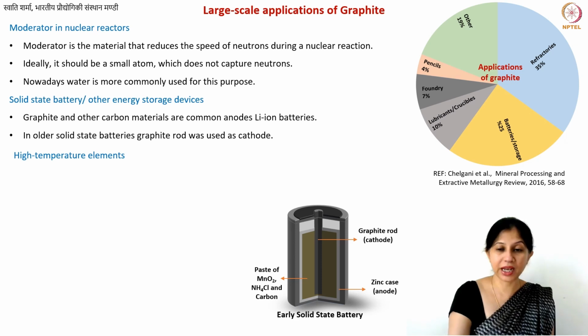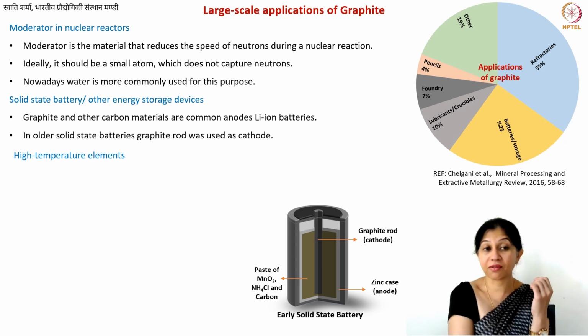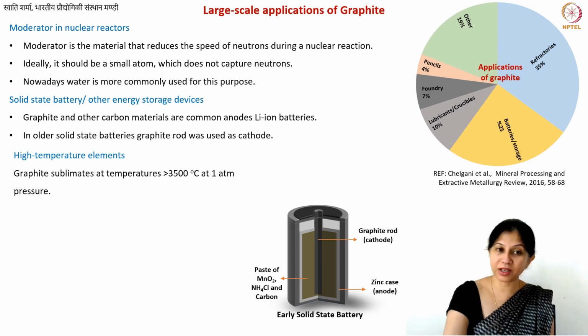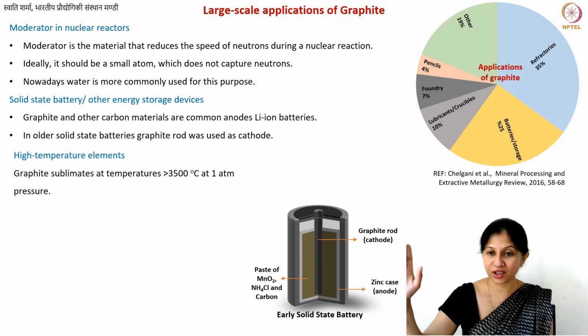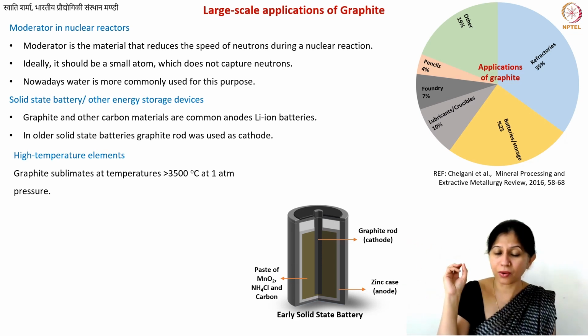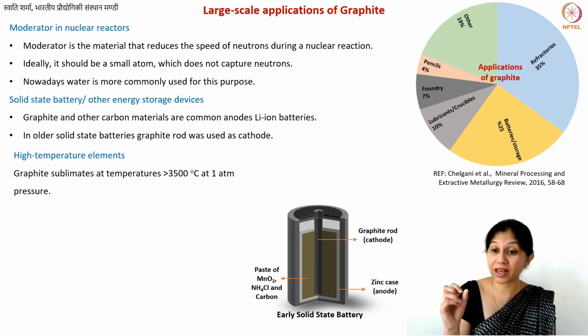Okay, now the other thing. I just mentioned that graphite can withstand high temperatures very well. In fact, if you remember from the phase diagram, what are the properties of graphite? It sublimates. It does not convert into a liquid form. So at 1 atmosphere pressure, it will directly convert into a gaseous form, but that will happen only around 4000 Kelvin, so about 3500 degrees centigrade.